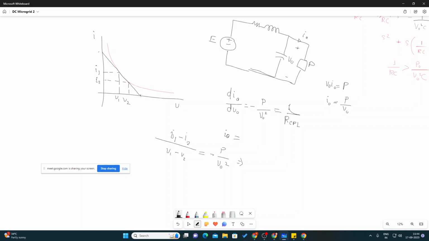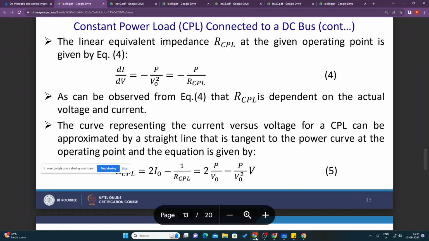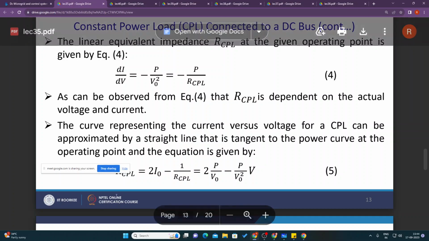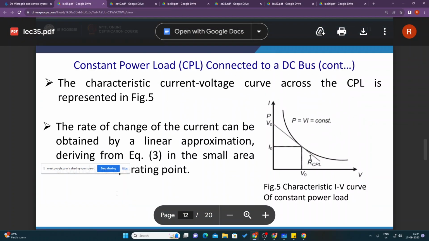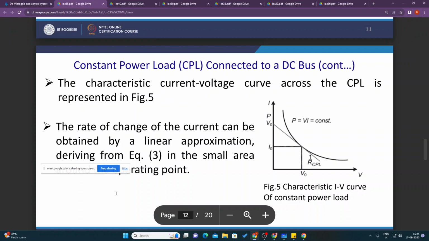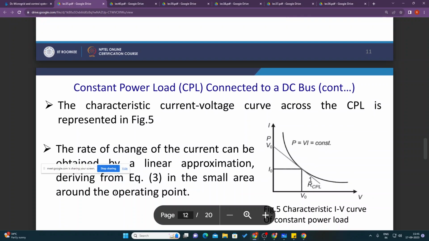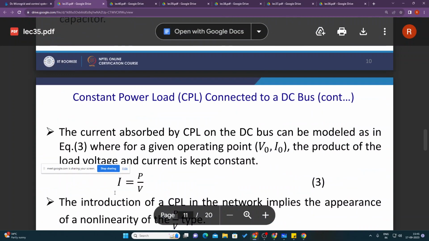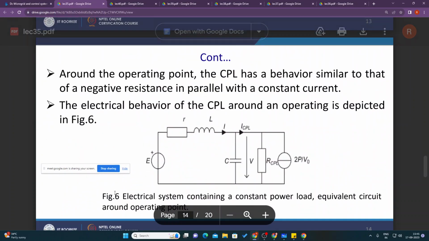Sir, just show the slides. Just move upwards. That 2I naught is from this curve, just circuit one. Circuit, this one.